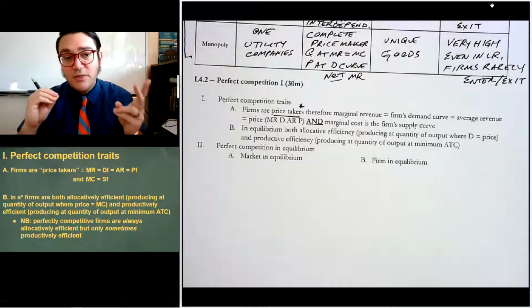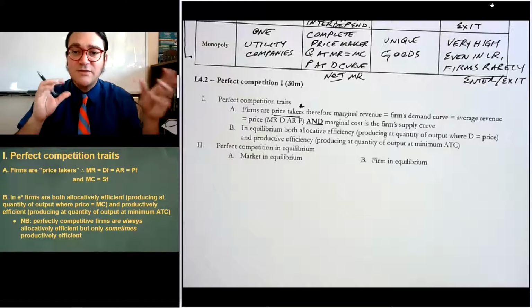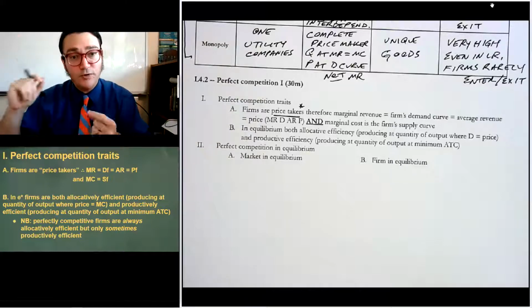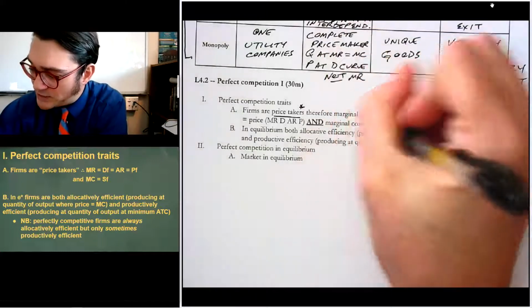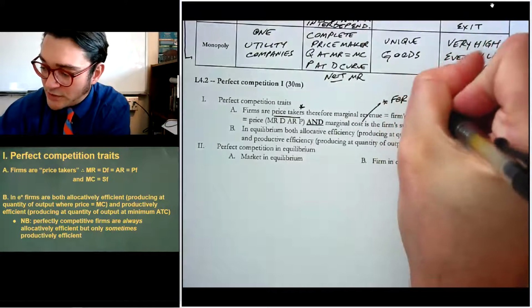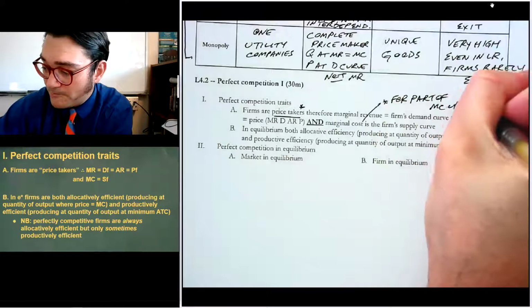The second thing that's true of perfectly competitive firms is that the marginal cost curve is the firm's supply curve for the range where it's the upward sloping part of marginal cost. So we might just put a little asterisk for the part of MC that's upward sloping.